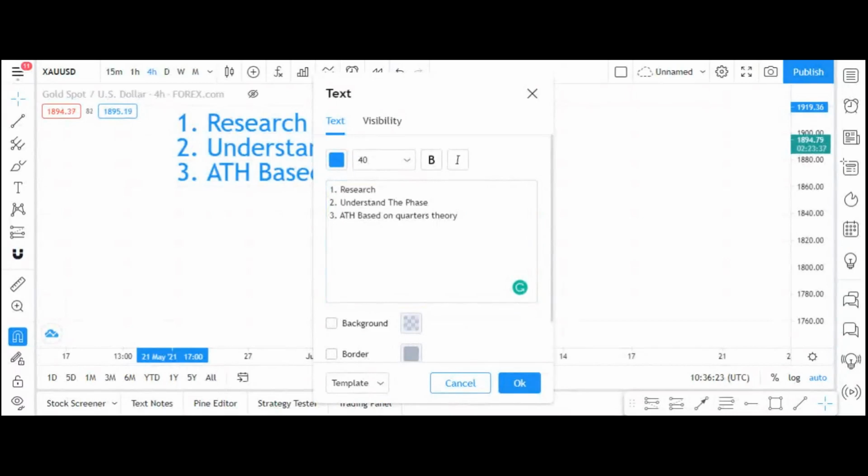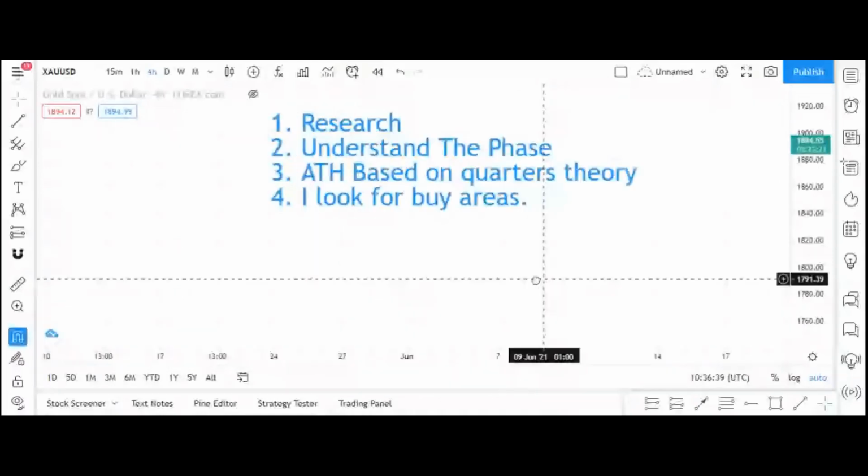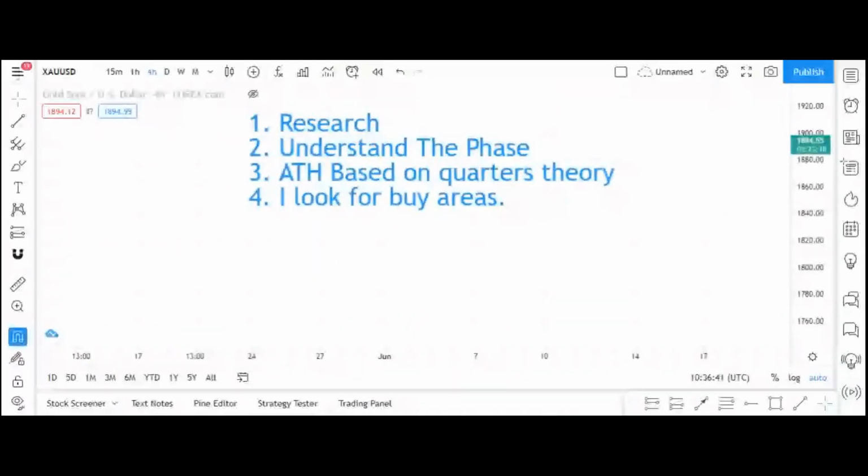Then when I now understand all of this, I look for buy areas. That's just the basic thing I do when I want to capitalize on stocks.